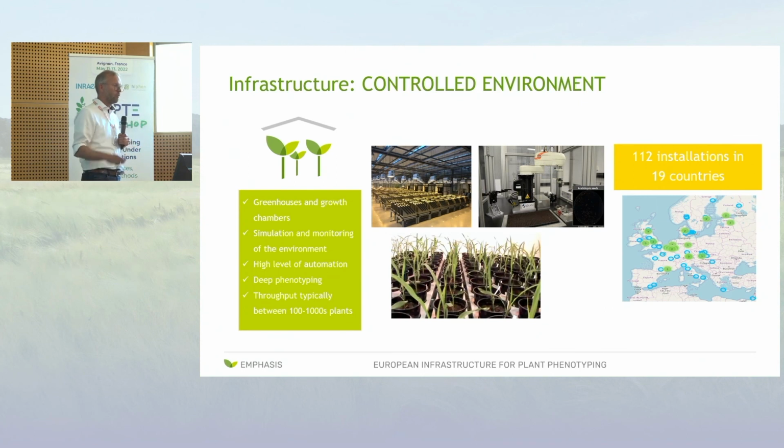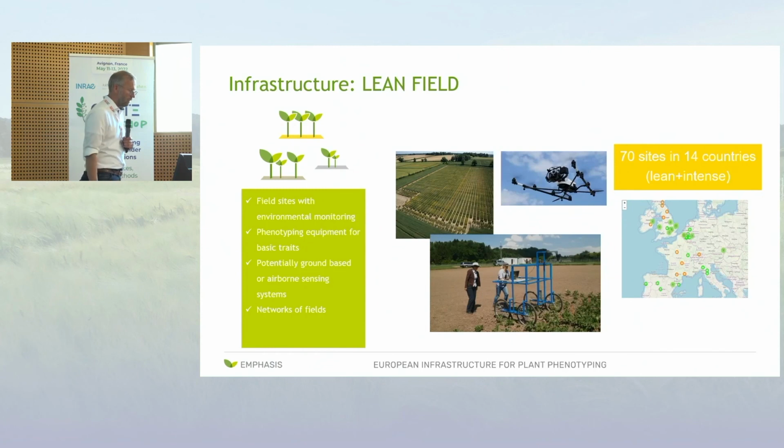High level of automation, we saw that in the talk of Rick also, and in the talk of Francois a little bit. Deep phenotyping, throughput typically about 100 to 1,000 plants. And we have a lot of these installations, 112 in 19 countries over Europe. Some examples are shown here in pictures.